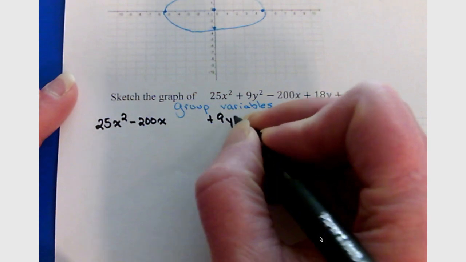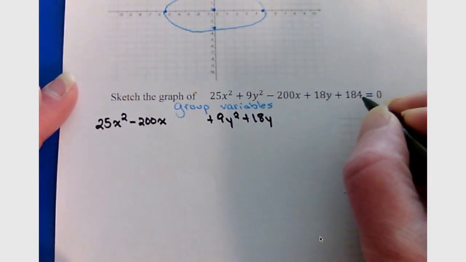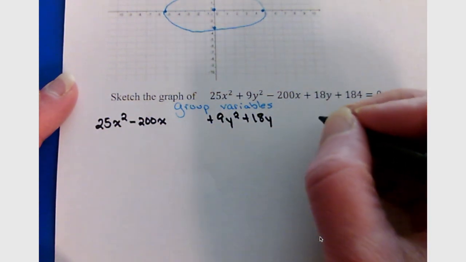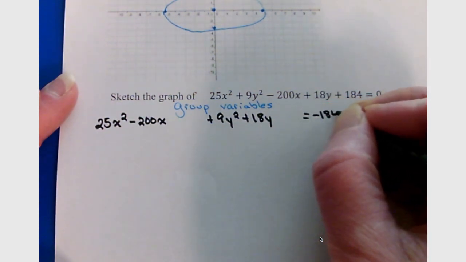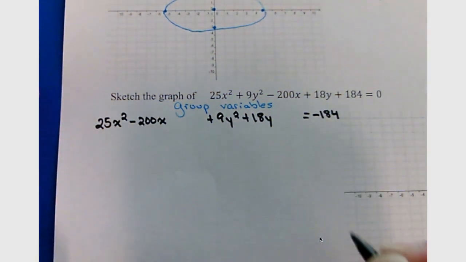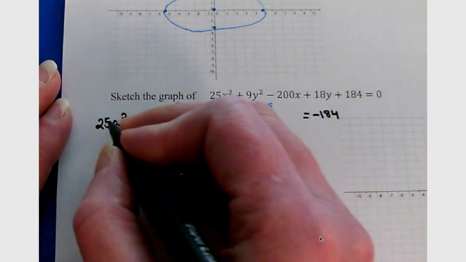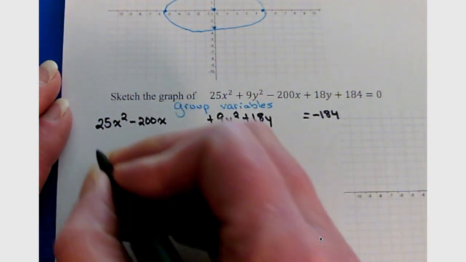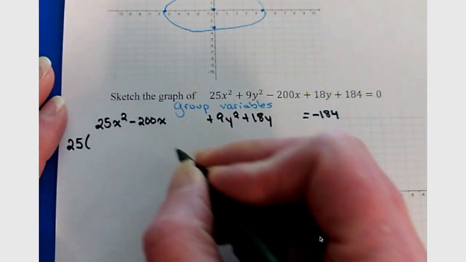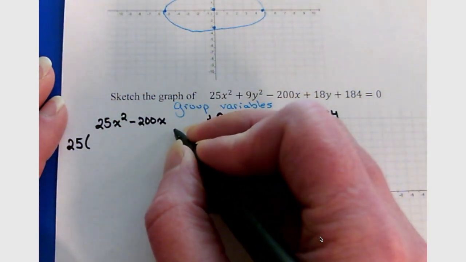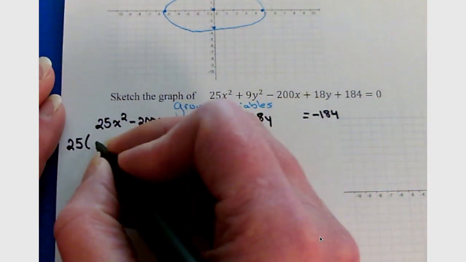I'm going to put my y's together. And since 184 doesn't have a variable, it's going to go to the other side. Now this is a little different than the circles because I have something in front of my x squared. So I'm going to put that outside and make a big parentheses here. I'm going to factor it from each of those terms.